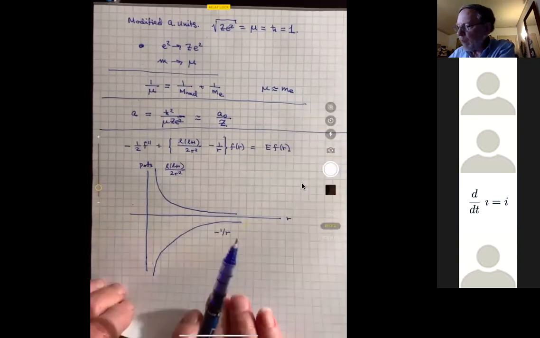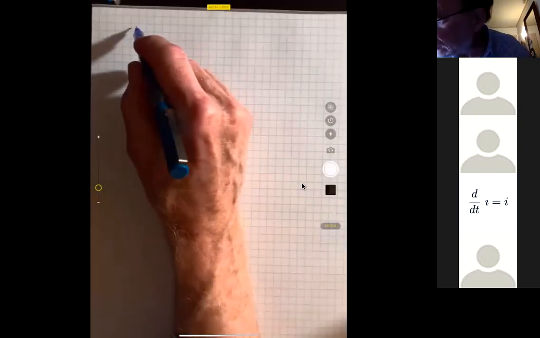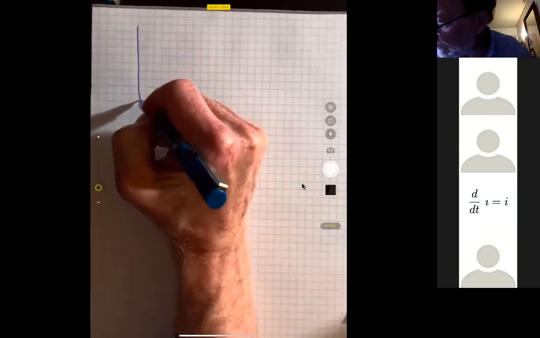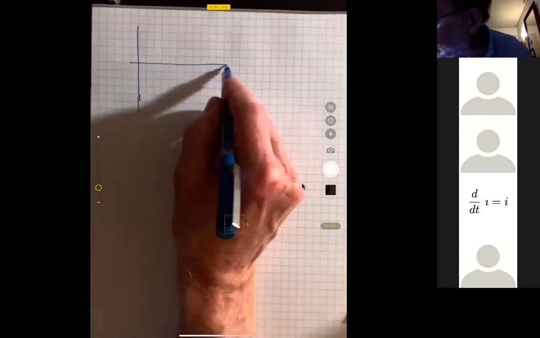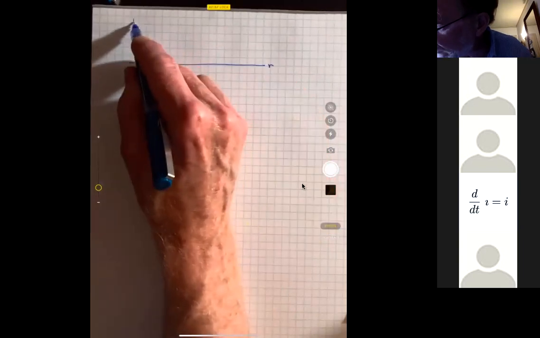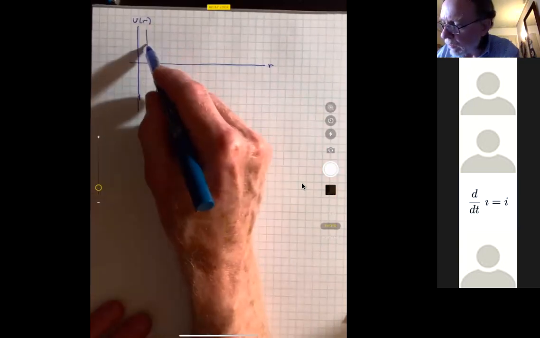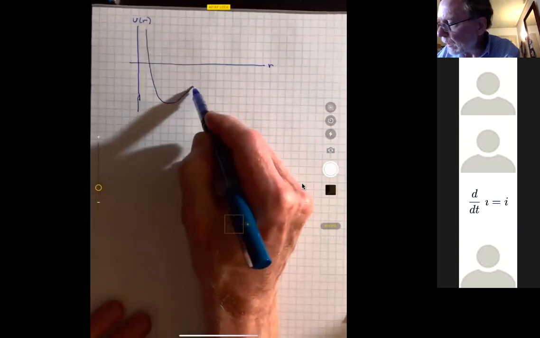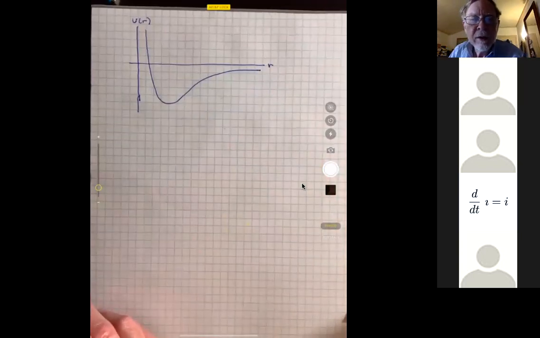If you add them together, you get a new curve, which I shall now draw. It's going to be a function of radius, so this is U of r now. It comes down like this, creates a well, goes out like this, and then asymptotes to 0 as r goes to infinity. So this is what we get.